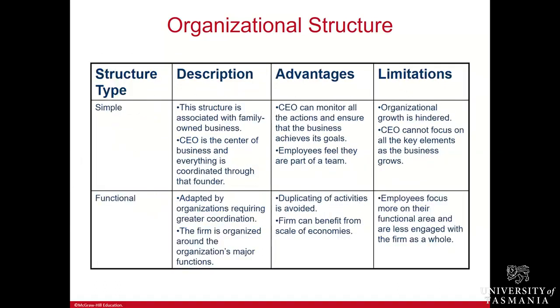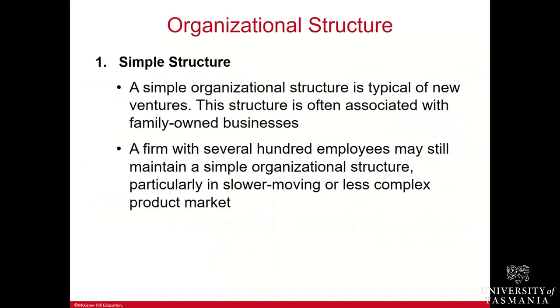A simple organization structure is typical of a new venture. This structure is often associated with family-owned businesses. A firm with several hundred employees may still maintain a simple organizational structure, particularly in slower-moving or less complex product markets.